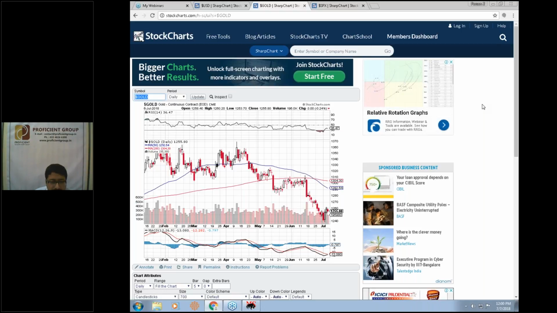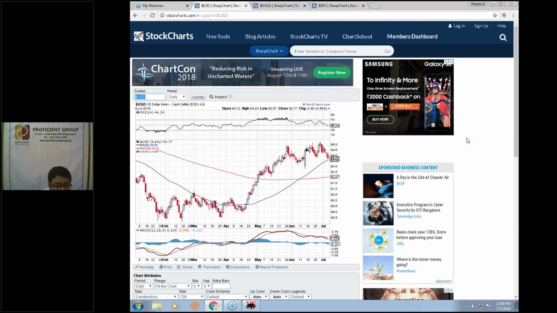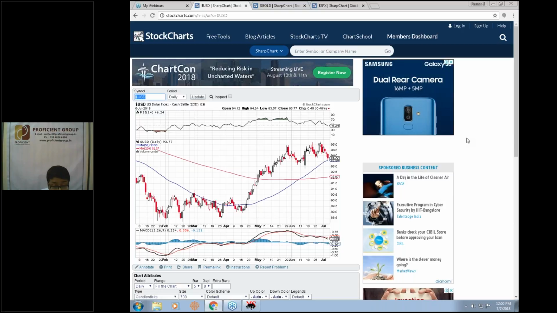Any upward rise in gold will be a selling opportunity, and that will be confirmed if the dollar index also goes higher. The dollar index made a high yesterday in the 94.24 region.